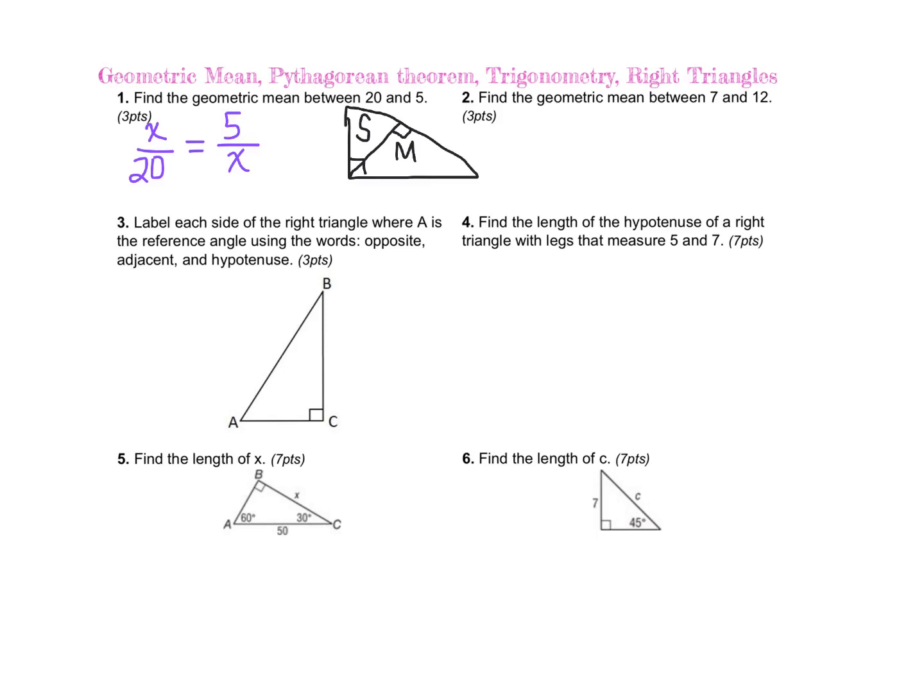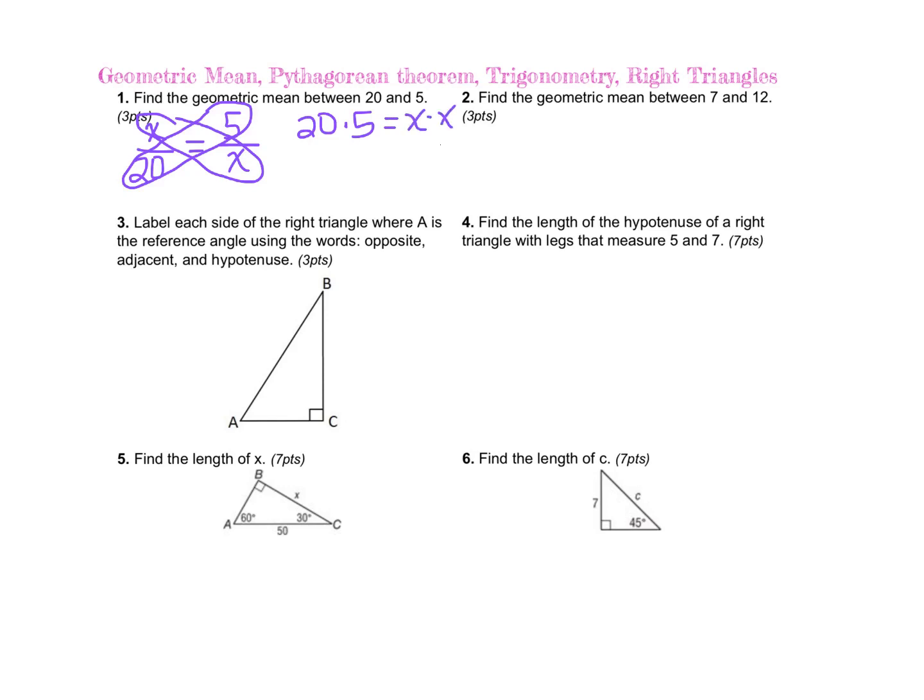And what it ends up doing is creating a proportion like the one I wrote here in purple, where we have x over 20 is equal to 5 over x. So let's go ahead and solve. Whenever we work this out, I'm going to get 20 times 5 is equal to x times x.